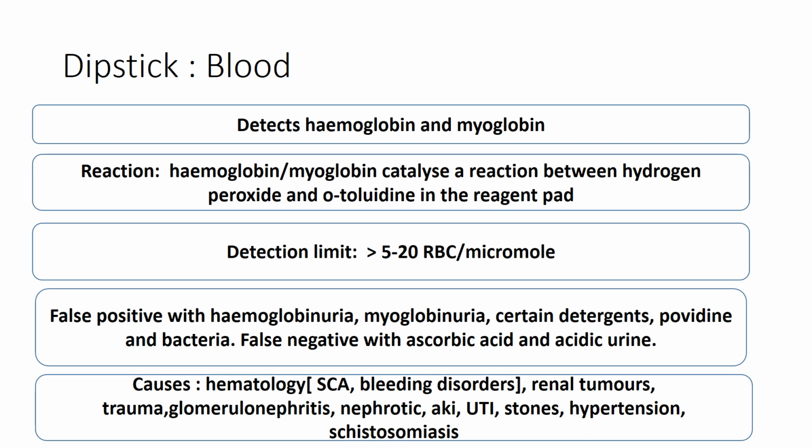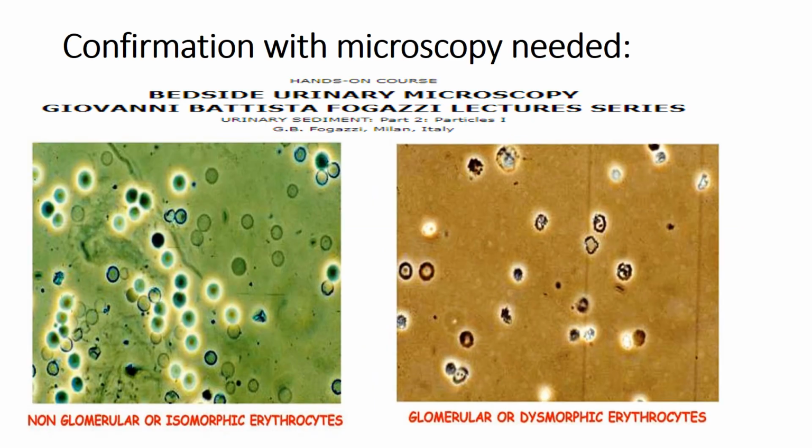So that's the list of things that can lead to a positive for blood on the dipstick. So given the fact that apart from true hematuria, myoglobinuria and hemoglobinuria can also give us a positive blood test on dipstick, it's important that we confirm the finding of blood in urine by following it up with microscopy.